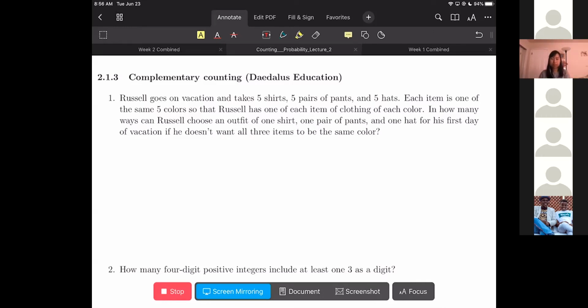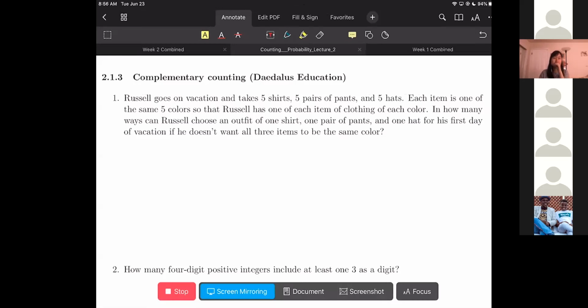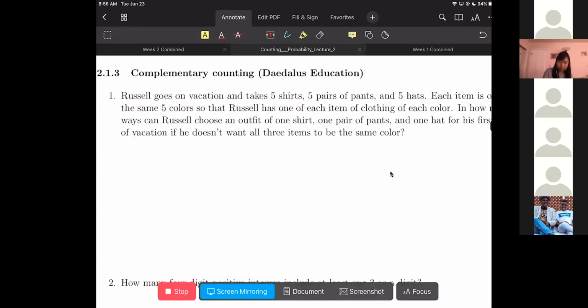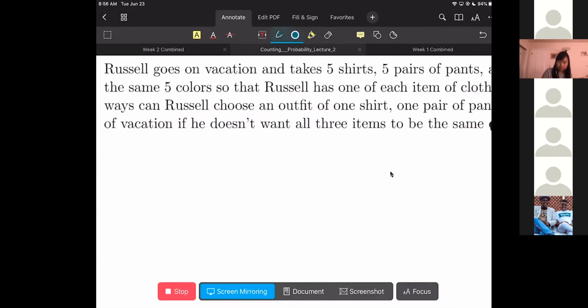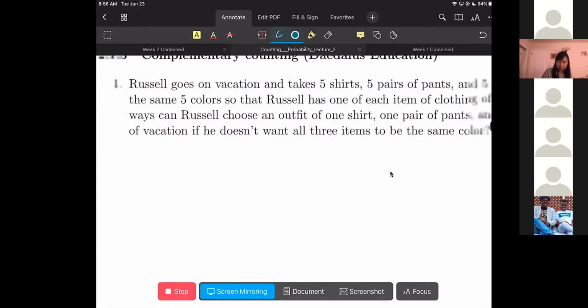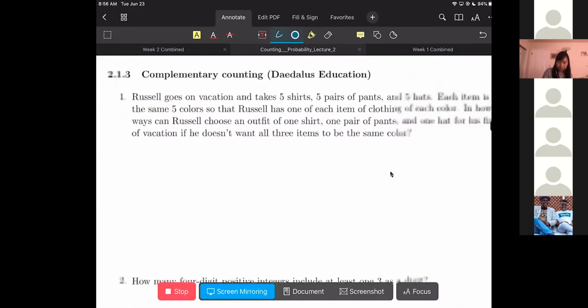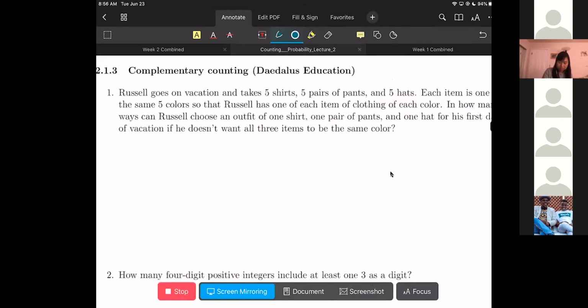Well, we could say that in total, we could say 5 cubed, the different arrangements Russell can have for his clothing. So there are 125 ways in which he can combine his hats, his shirts, and pairs of pants. And then if we look at the items that will be the same color, you can only match one color with another color and another color.